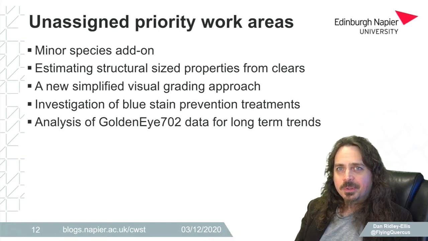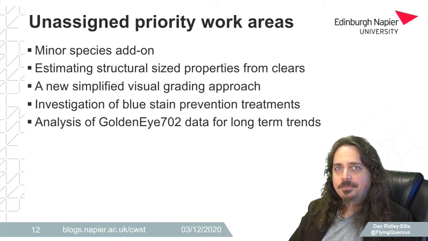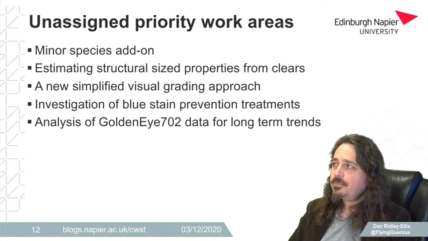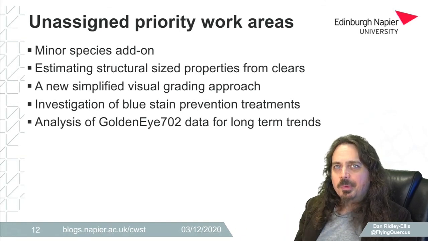Another thing that I want to work on is a new simplified approach to visual grading, which is aimed at maximizing yield, because a lot of people want to use timber for quite simple, straightforward buildings, and they don't need the high properties.